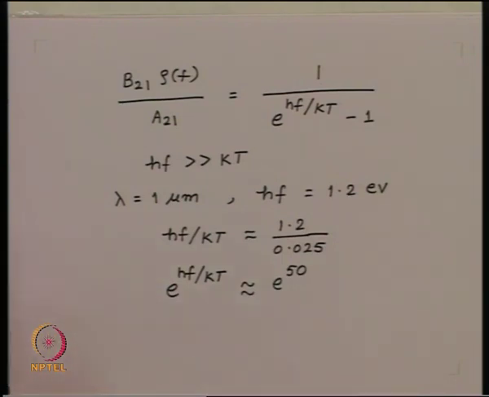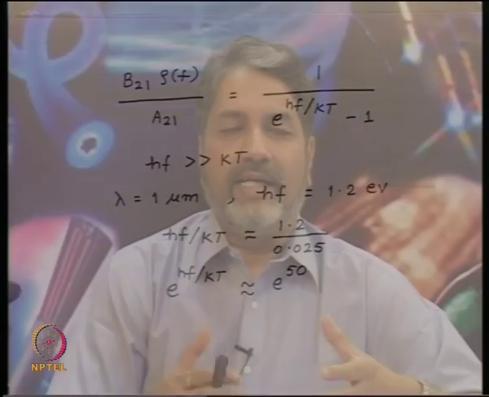Or if you ask, at room temperature, if you look at a body, whatever radiation is coming out of it, the ratio of the stimulated emission to spontaneous emission is e to the power minus 50. That means the stimulated emission is practically non-existent at room temperature under thermal equilibrium.